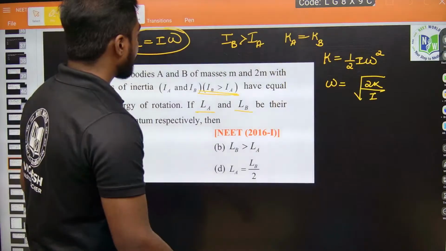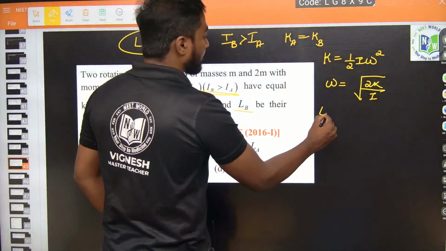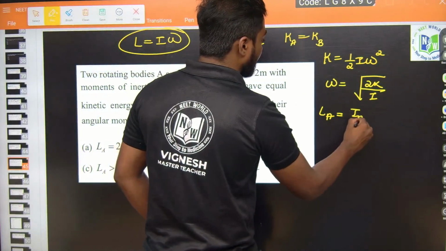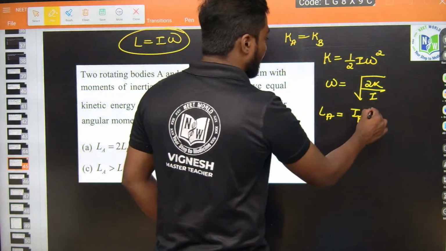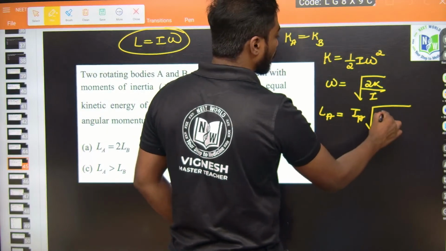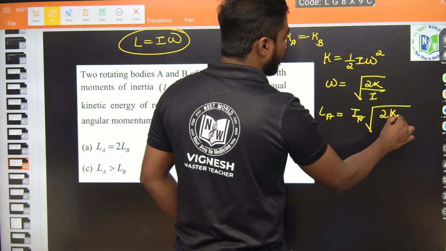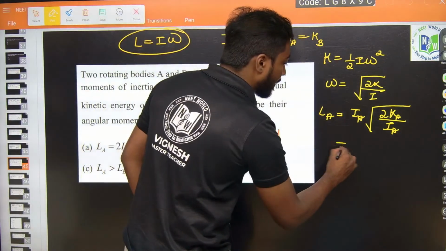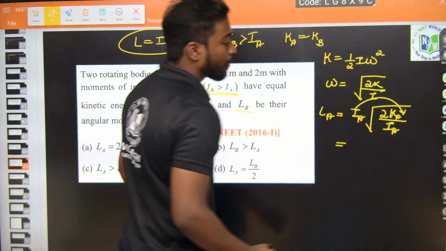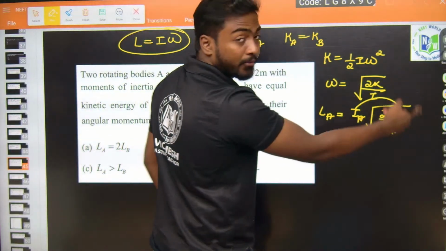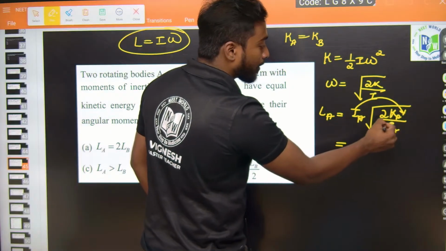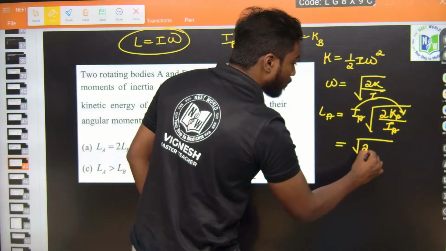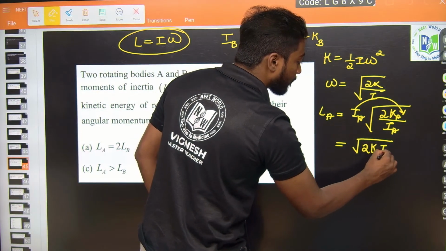So what can I do for this? LA is equals to IA into root over 2KA by IA. If I take the moment of inertia inside, it will become square, so one moment of inertia and one in the denominator will get cancelled, giving root over 2KAIA.